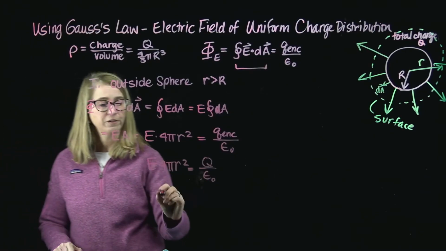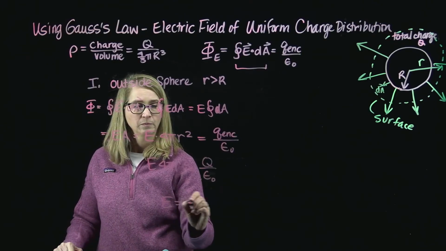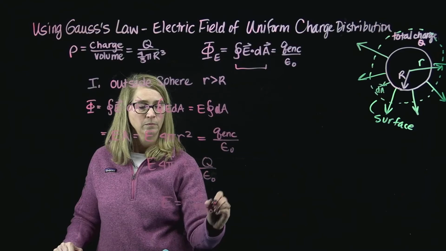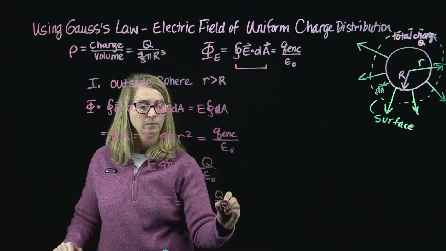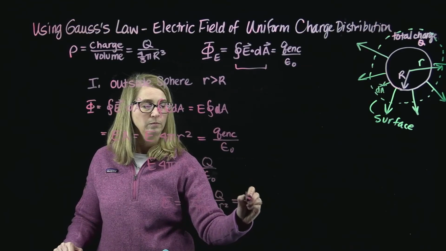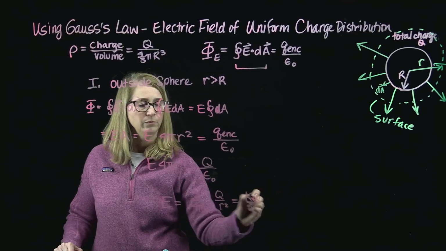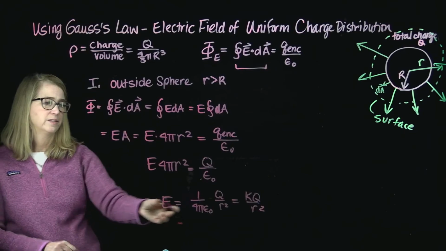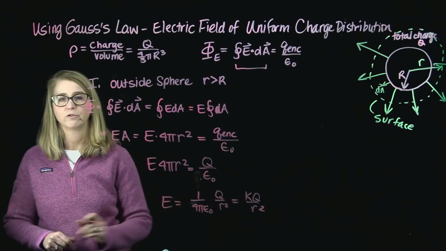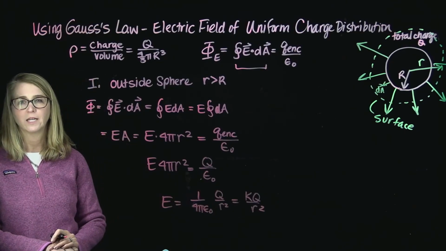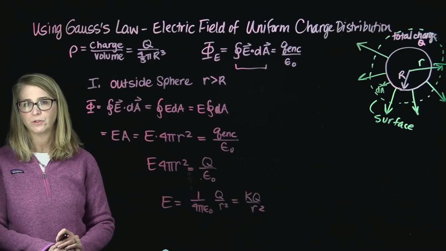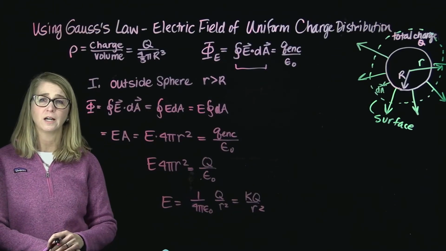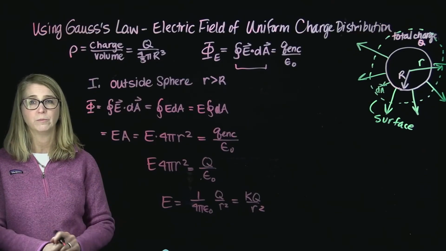And I'm going to solve for E. And I get, this is where you see that 1 over 4 pi epsilon naught. I think that's part of the reason our book chooses to introduce electric field with this constant, because you'll see it in Gauss's law and then it'll become more familiar to you.